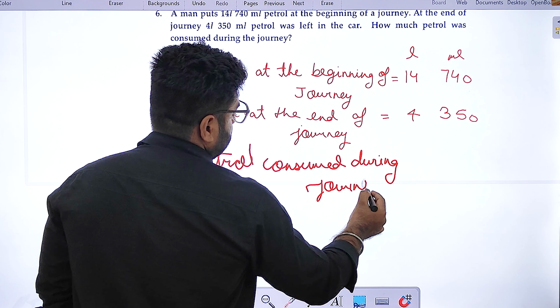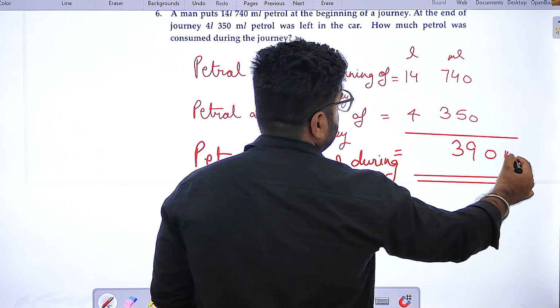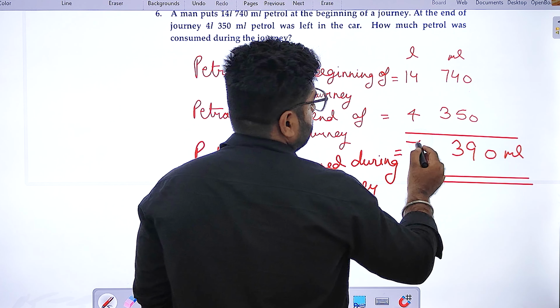So now we are going to subtract this part, that is 0 and this is 9 and this is 3. Here we are having 10 liters. So we have consumed 10 liter 390 milliliter of petrol during our journey.